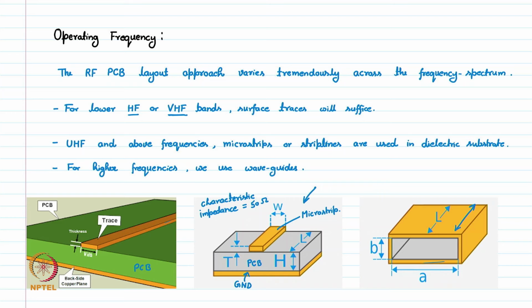Now let us go to the second factor which impacts our RF PCB design, which is dielectric constant.